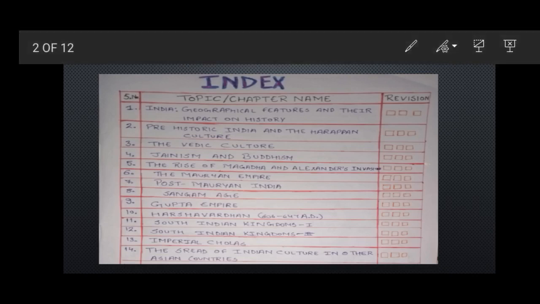Now, one thing I also want to inform you is that here you can see a separate column where I have written revision, and below it I have made three check boxes after each and every chapter. This is for your convenience, because many times many aspirants asked me how many times they have to revise each and every source or topic.